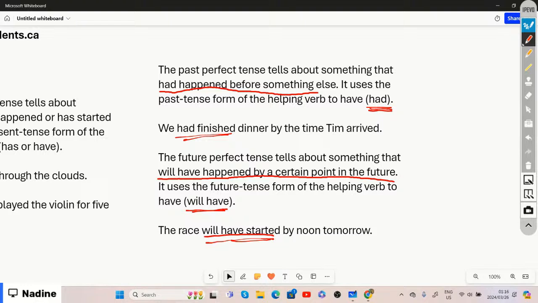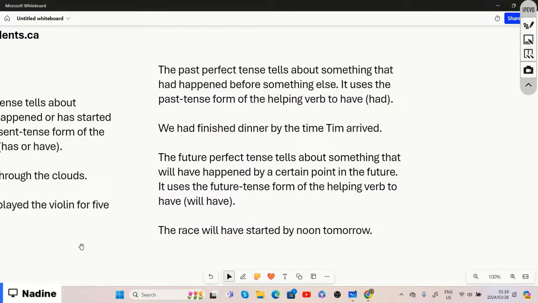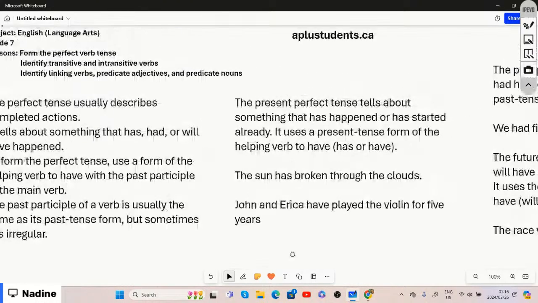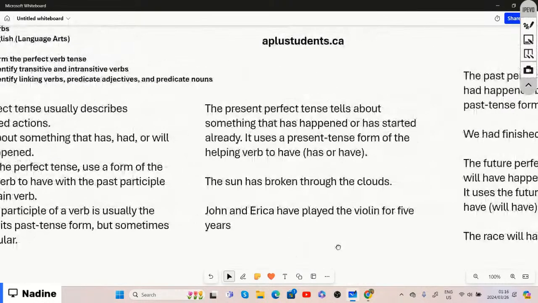That shows the future perfect tense, which tells us about something that will have happened by a certain point in the future. So that is how we form the perfect verb tenses.